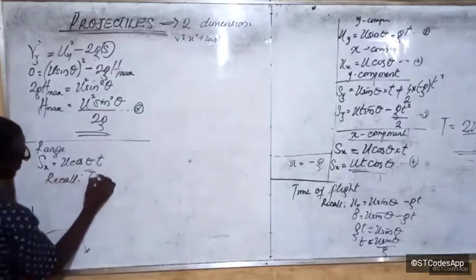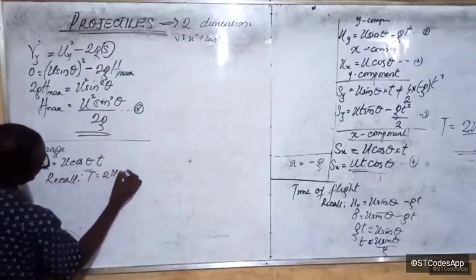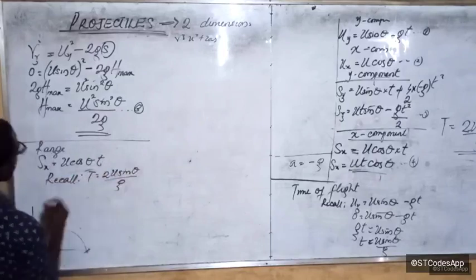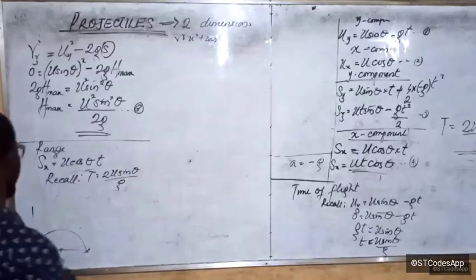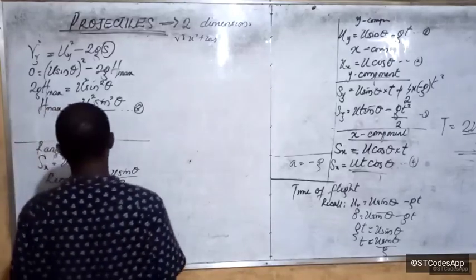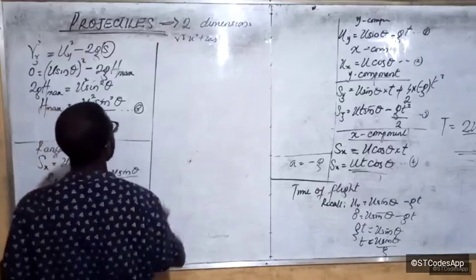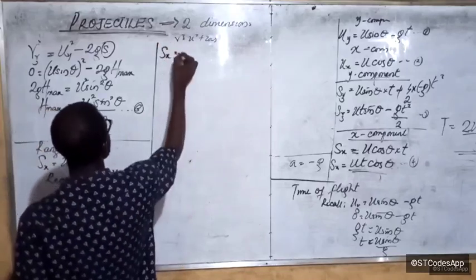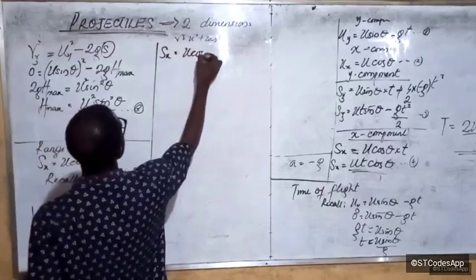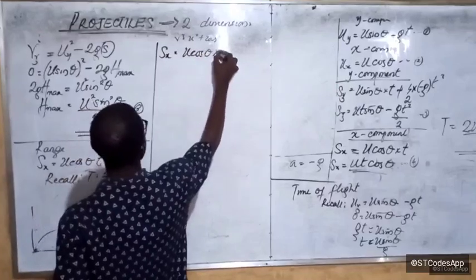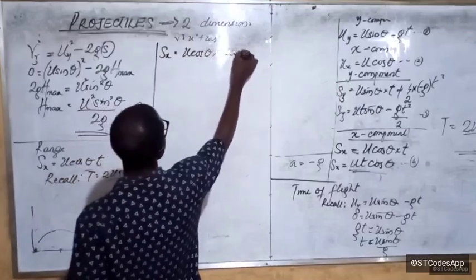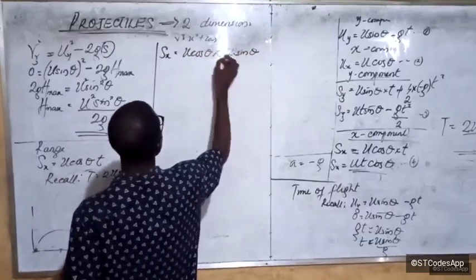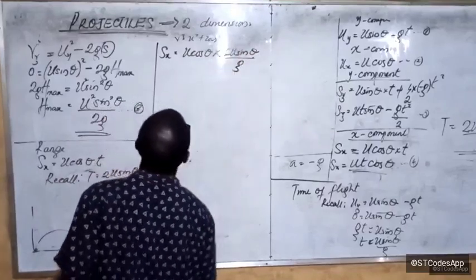So recall that t is equal to 2u sine theta over g. So what do we have? We have that s sub x will be equal to u cos theta times 2u sine theta over g.